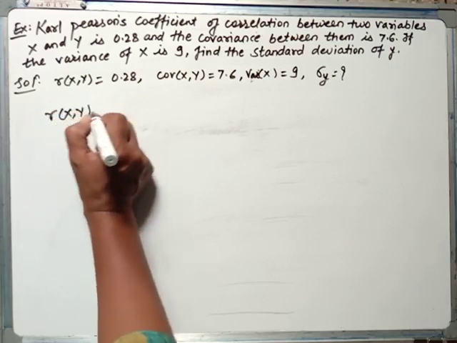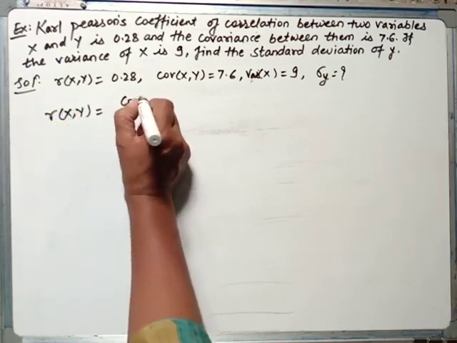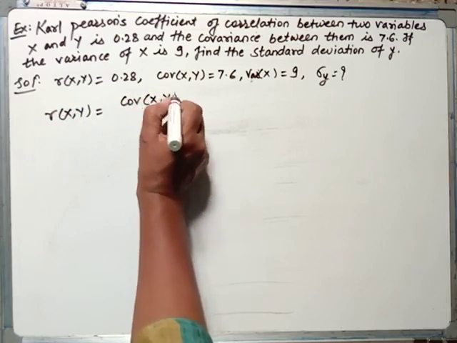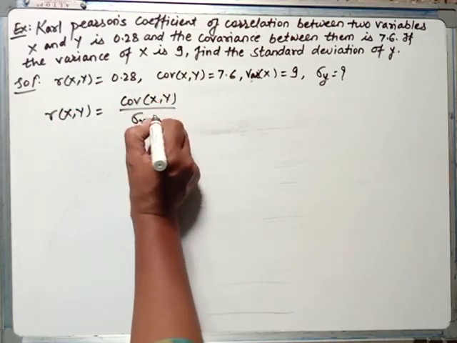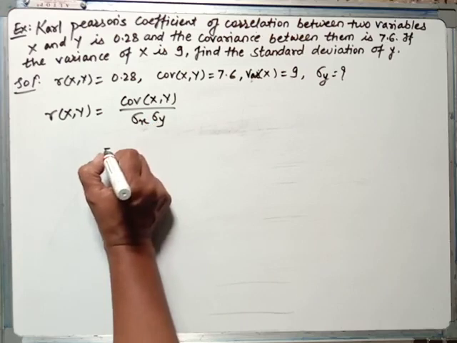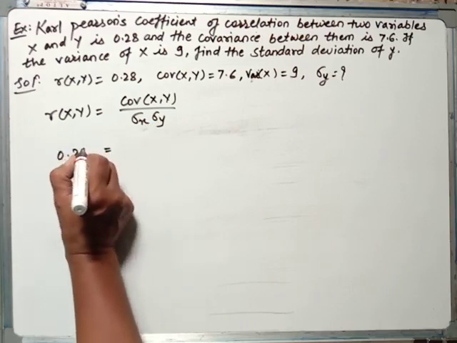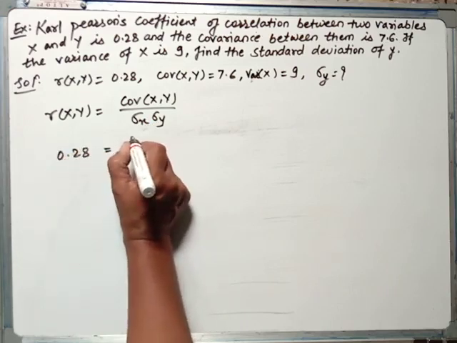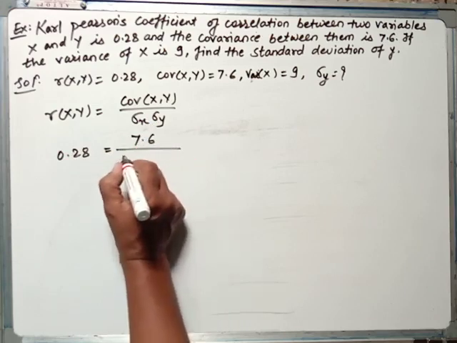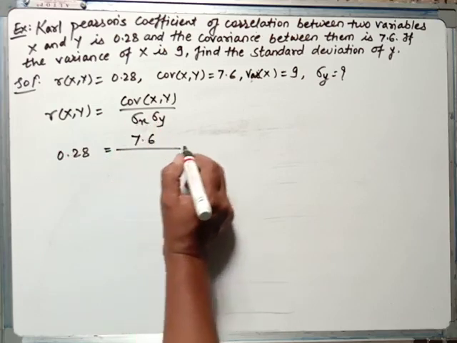R of x and y is covariance of x and y upon sigma x into sigma y. So that will be 0.28 equals 7.6 upon, what is sigma x?